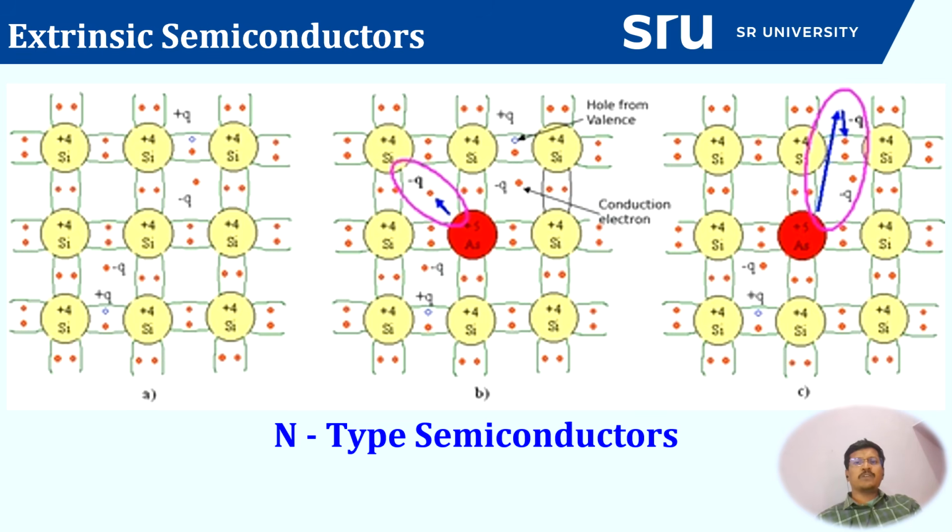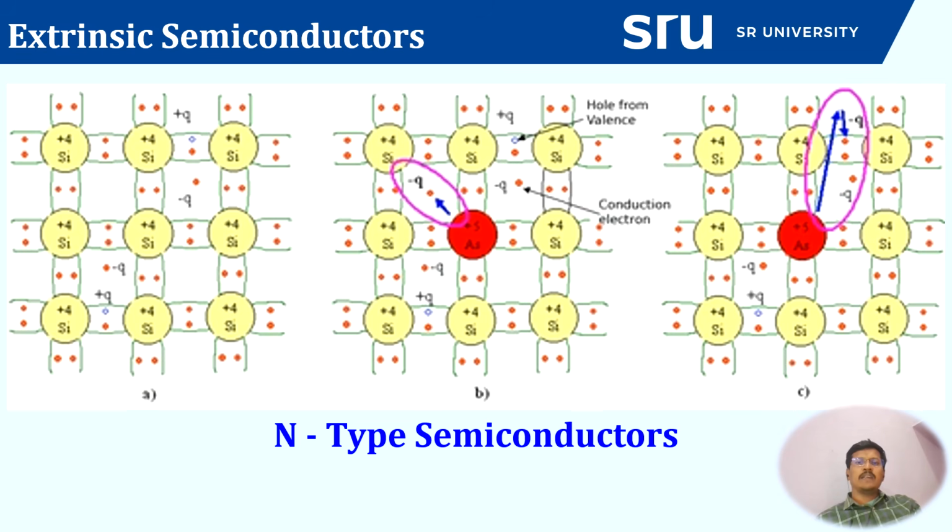It is important to remember that the semiconductor remains electrically neutral overall. The number of positive charges still equals the number of negative charges. Only the carrier concentration changes.